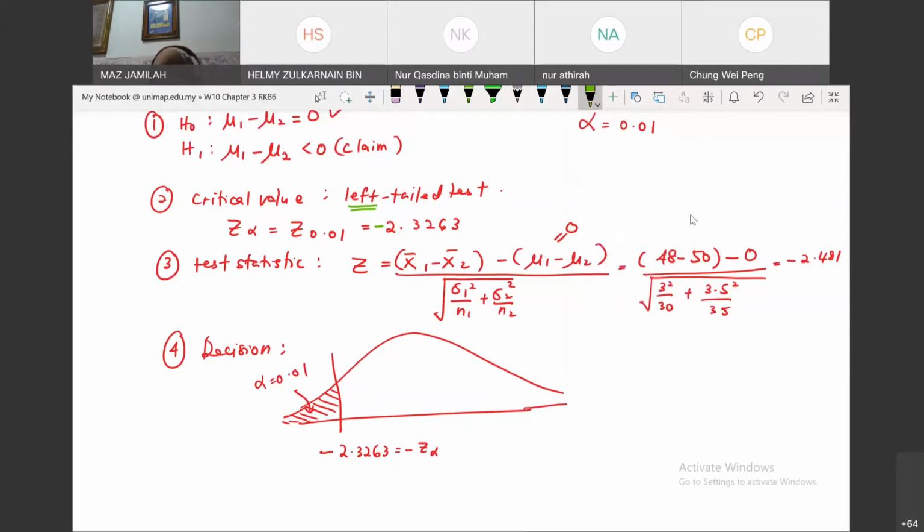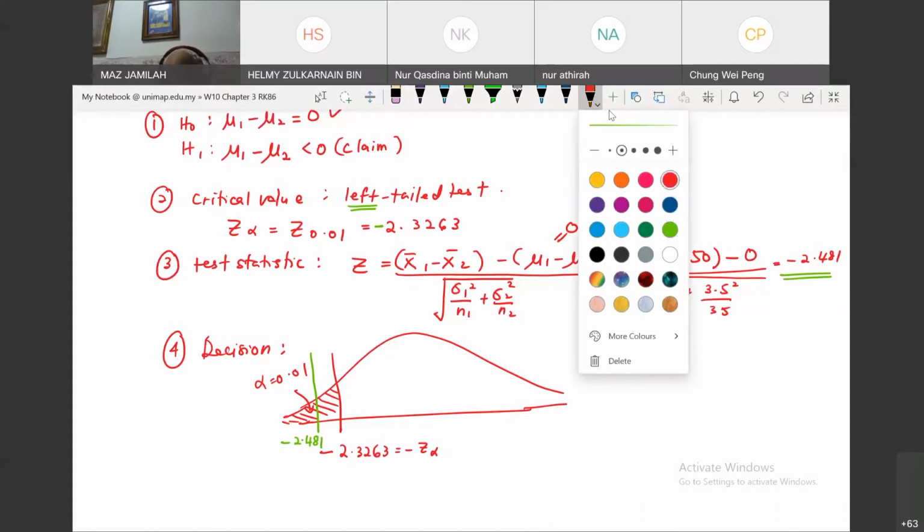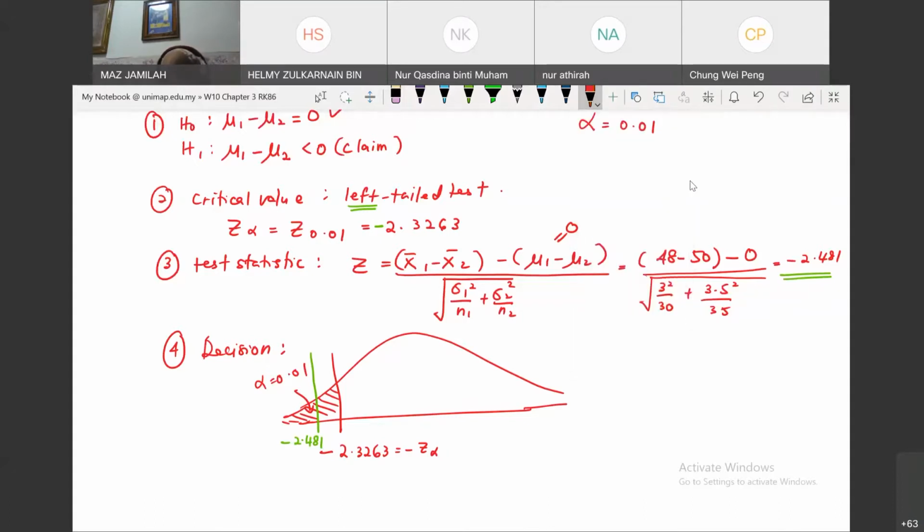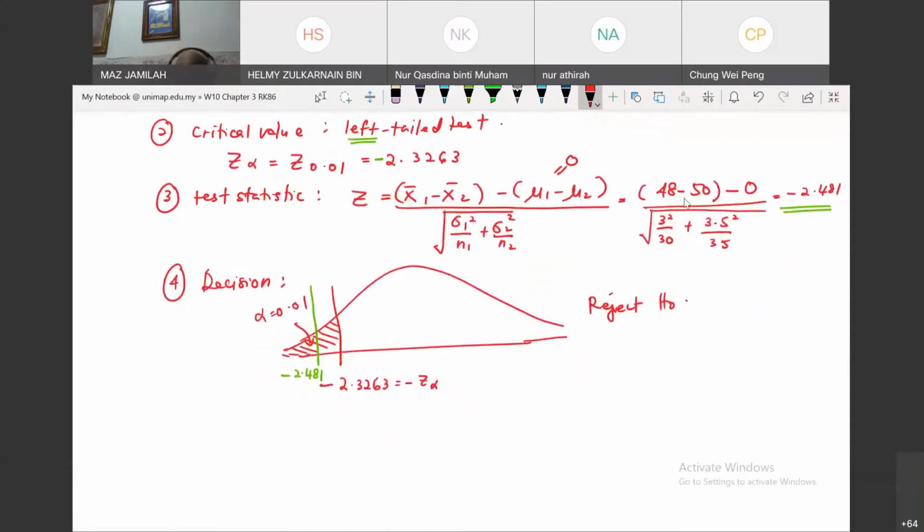The value is negative 2.481, which is smaller than your critical value. Since the value falls in the rejection region, we make the decision to reject the null hypothesis.